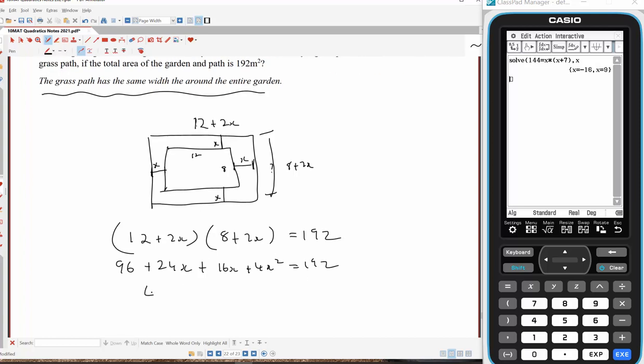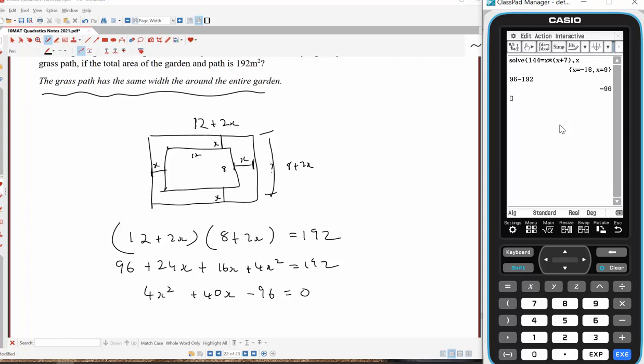Now we've got 4x squared, and 16x and 24x together is 40x. Now 96 take away 192 is negative 96, I think. 96 take away 192, yep.